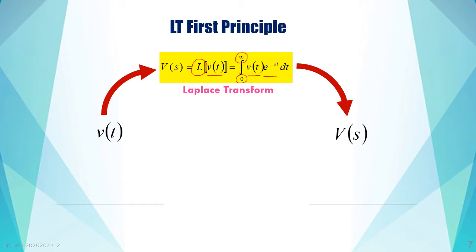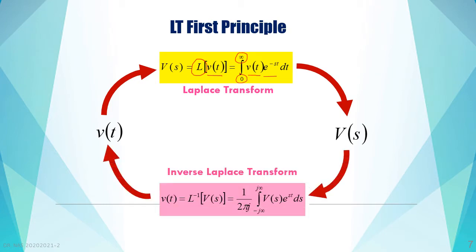Once you have solved the problem by using S domain, then you need to reconvert the S domain into T domain again by using inverse Laplace transform. So in this, L to the power of -1 is the inverse of Laplace transform. You transform the S domain back into T domain by again performing another integration of the signal in S domain multiplied by e to the st ds, multiplied by 1 over 2 pi j.